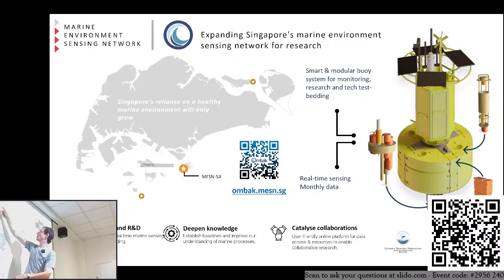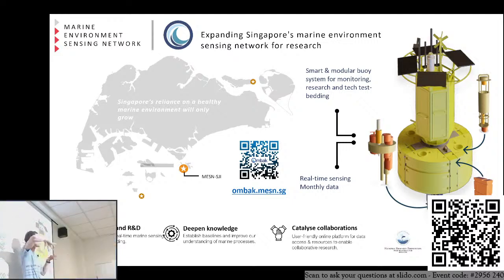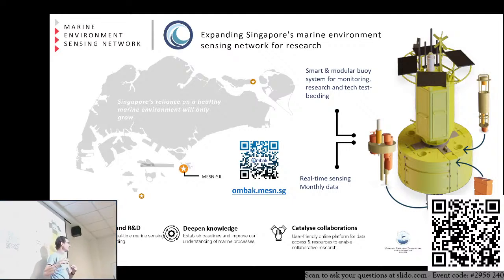Now this site up here is in a much more narrowly confined area. There's also some degree of eutrophication going on there, so the carbonate system up here is quite different to down here. When you move inwards into the inner parts of the Johor Strait, it changes quite a lot again, so the spatial gradient is much larger than down here.